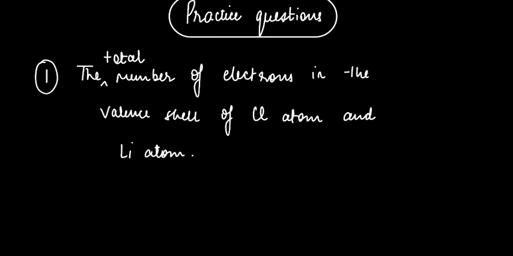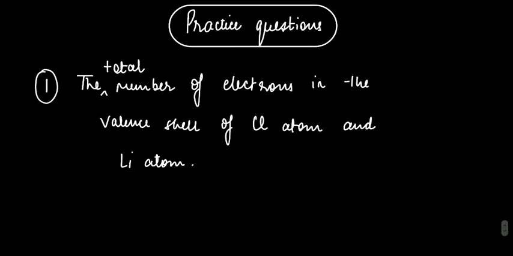Even if you don't have four options, there are some exams where multiple answer type questions are also there. The main thing is that we need to find the correct answers, either single answer or multiple answer. If we read the question and it clicks in our mind that this is the correct answer out of all these four, and we are 100% sure, that means our conceptual understanding is quite good.